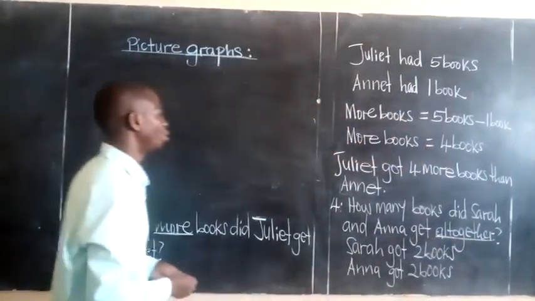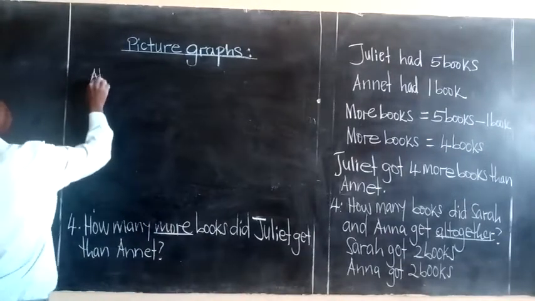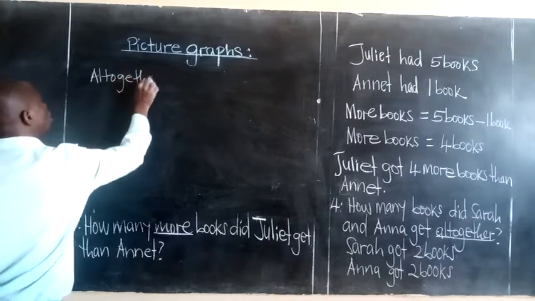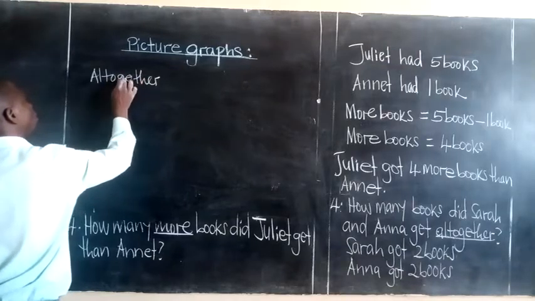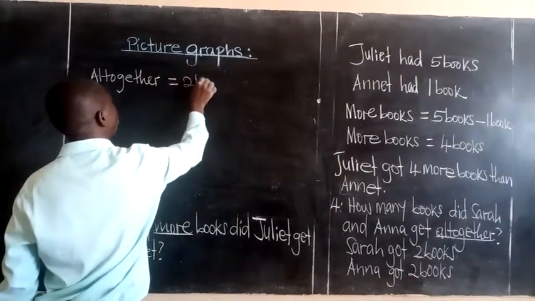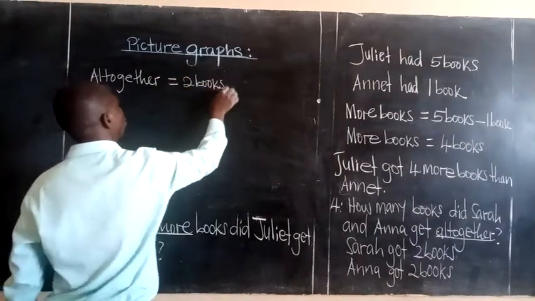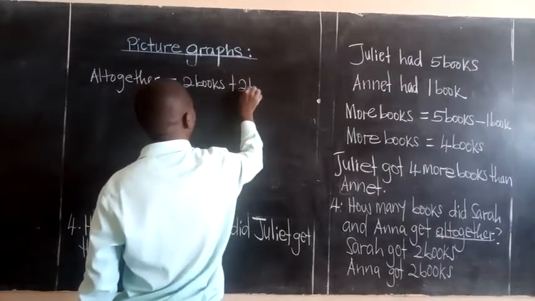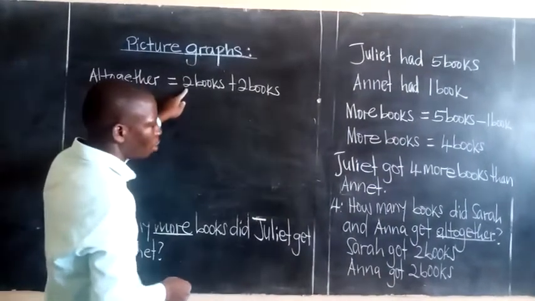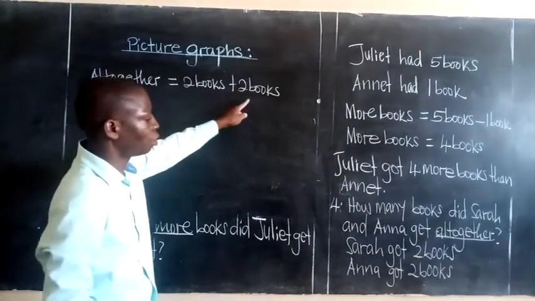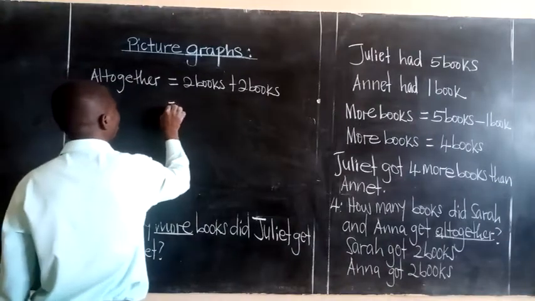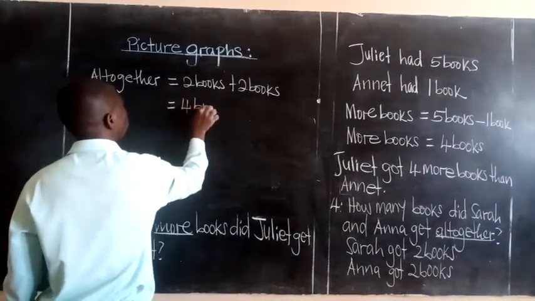So we say all together, 2 books plus another 2 books. This is for Sarah, and this one is for Anna. So all together they have 4 books.